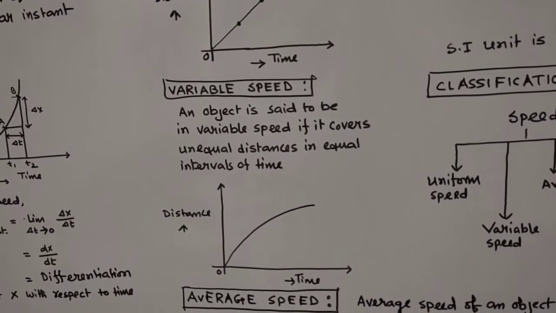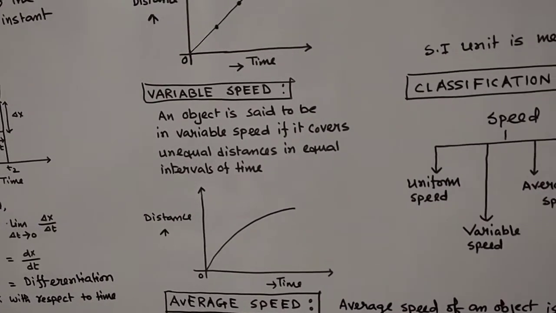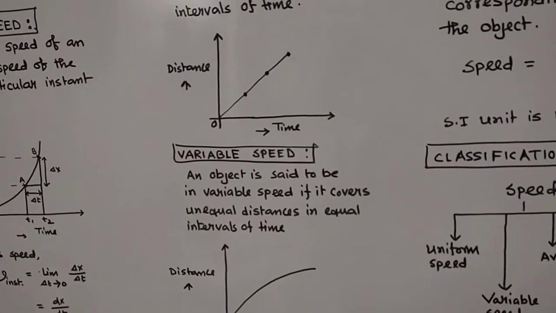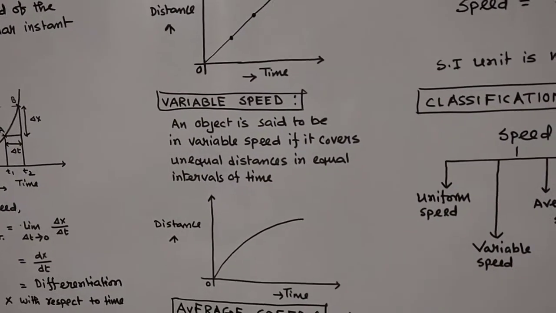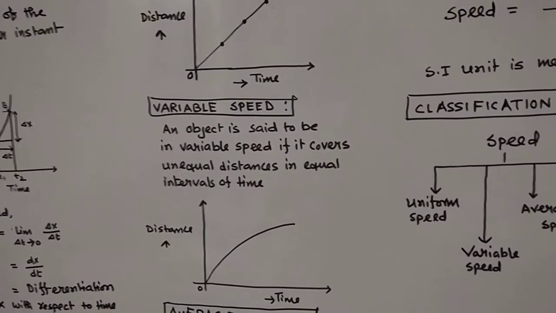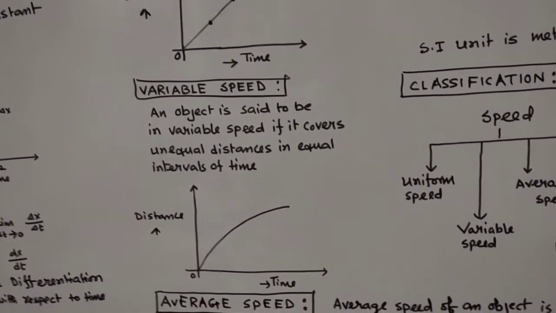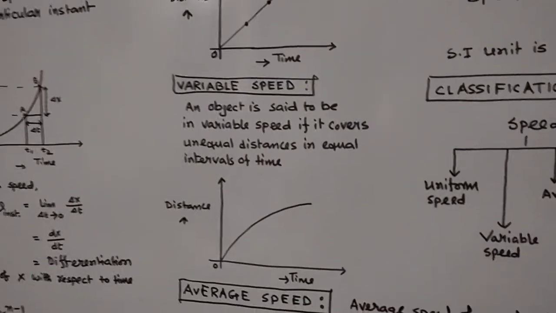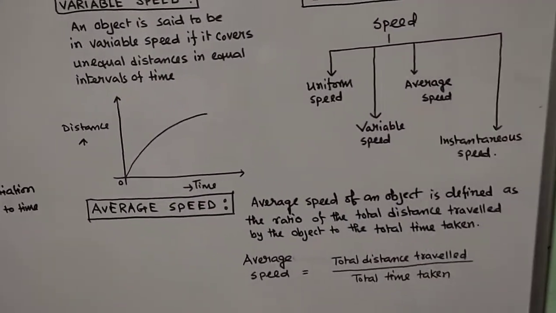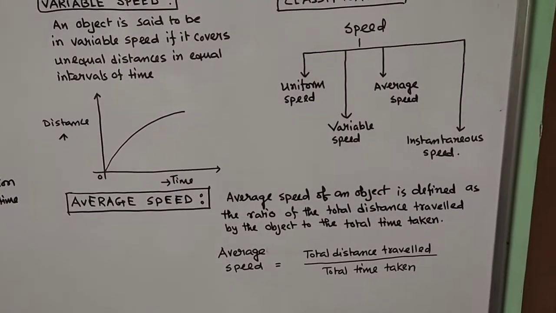Now we have not specified any unit for distance and time in the graph because it is valid for all units. If it is in meter, centimeter, second, hour, or kilometer, it is valid for all. That's why we have not specified units here. Now next one is average speed.